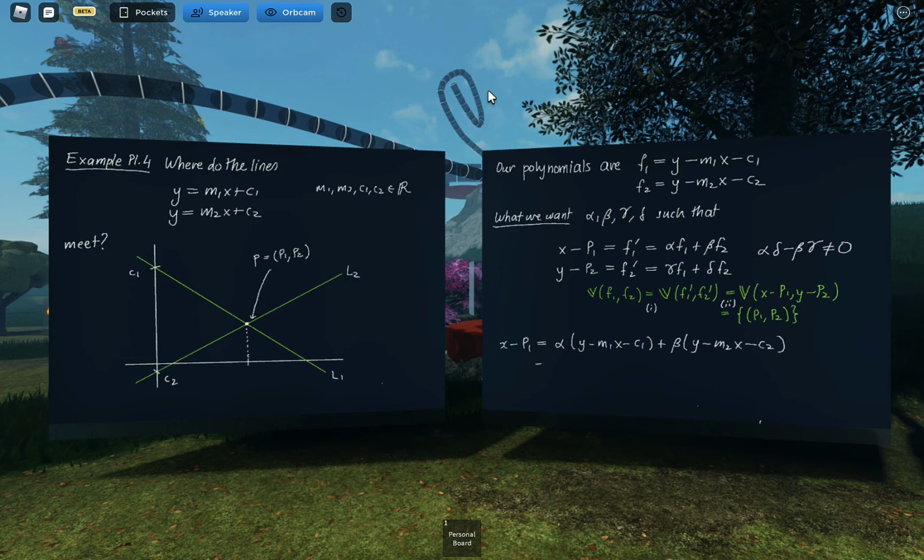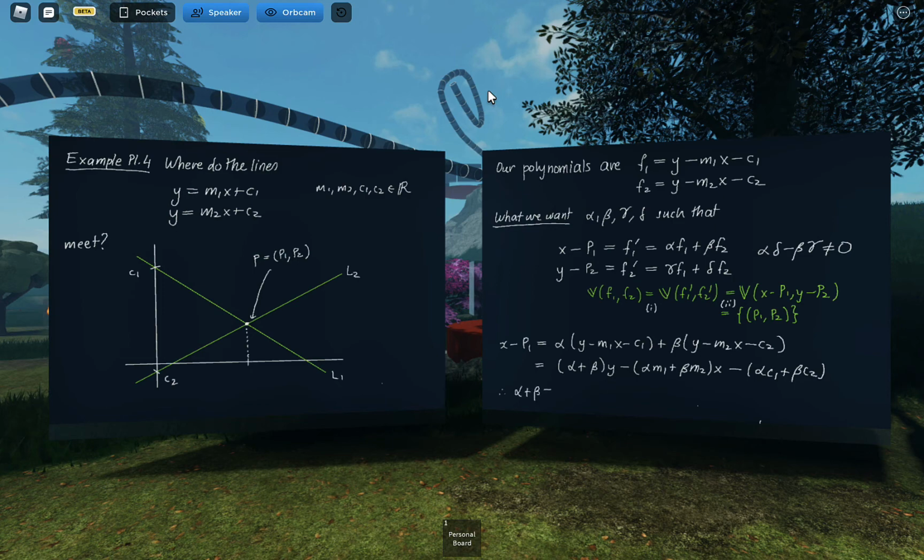And just expanding that out and collecting terms, I have the following. And that gives the following equations.